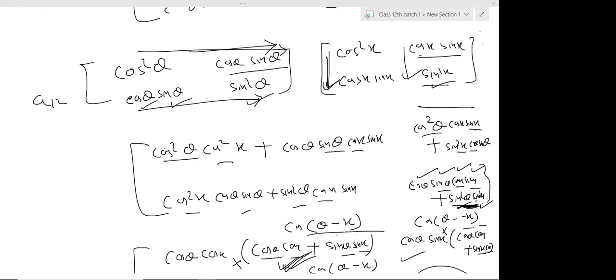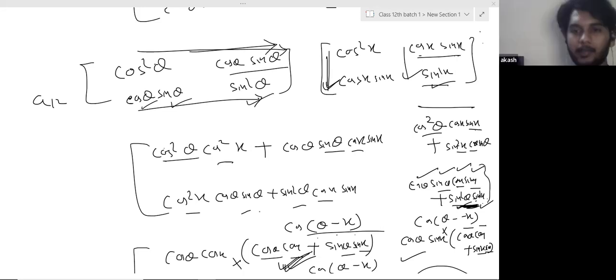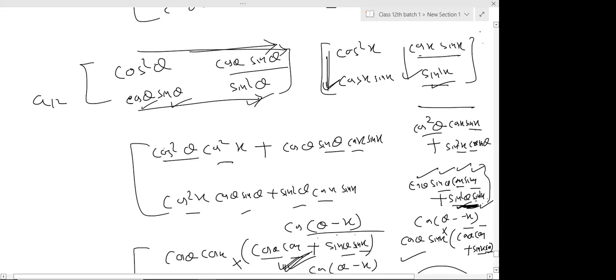Sir, I think the last term you took common as sin theta and sin x, right? But how can you take common as cos theta and cos x?